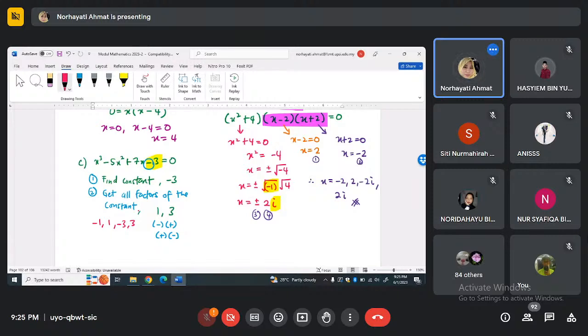And then focus on the sign of the constant. The sign is negative. Negative comes from either negative times positive or positive times negative. So from here we know that the possible factor of this polynomial is either negative 1 or positive 1, positive 3 or negative 3.